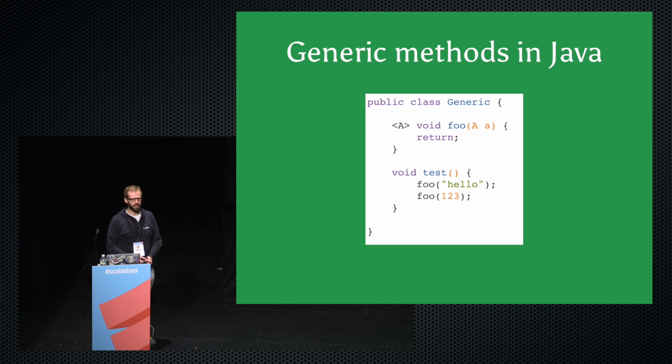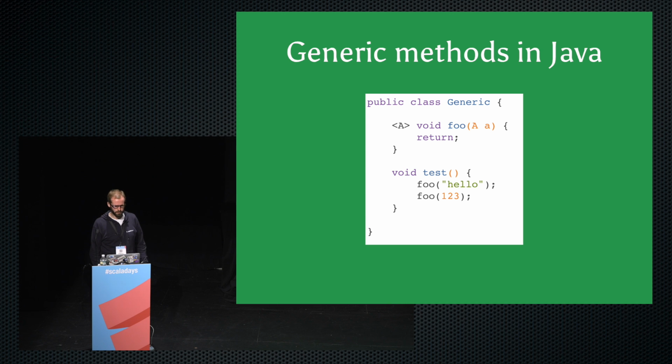So how does this play with generics? Unfortunately, not very nicely. So we'll have a look at a piece of generic code in Java, and in a second we'll see how that translates to bytecode. So we have a public class generic, which has some method foo, which is generic.